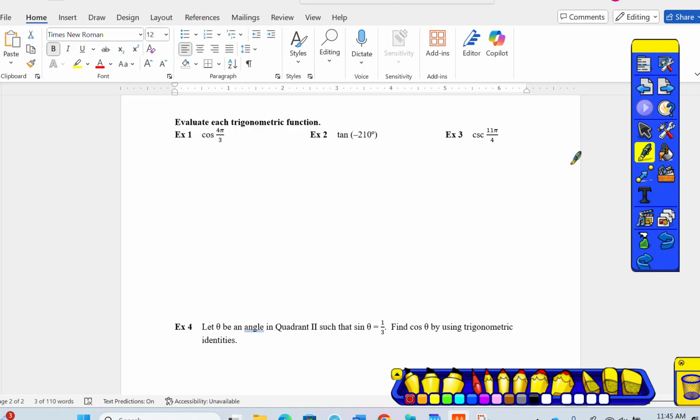CASs, I'm going to let you work through these, but what mode should you be in for 1 and 3? Radians. And for number 2, what mode should you be in? Degrees. If you do not switch modes, you are not going to get the right answer.